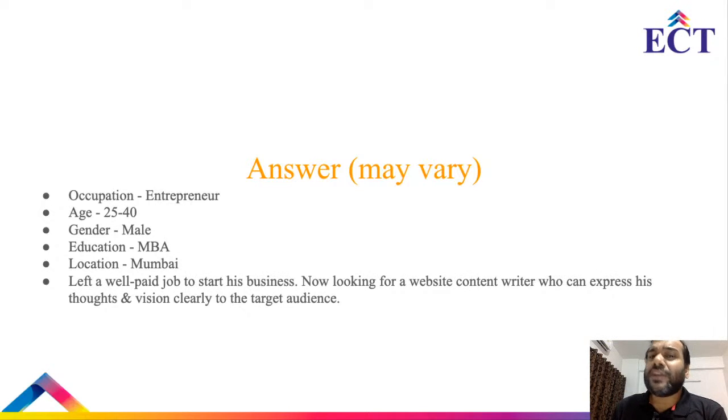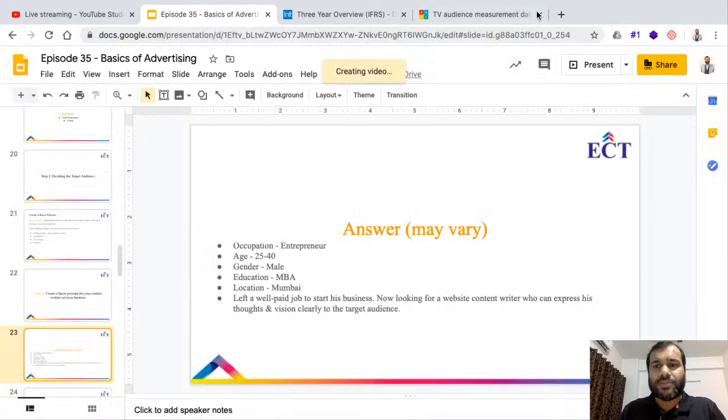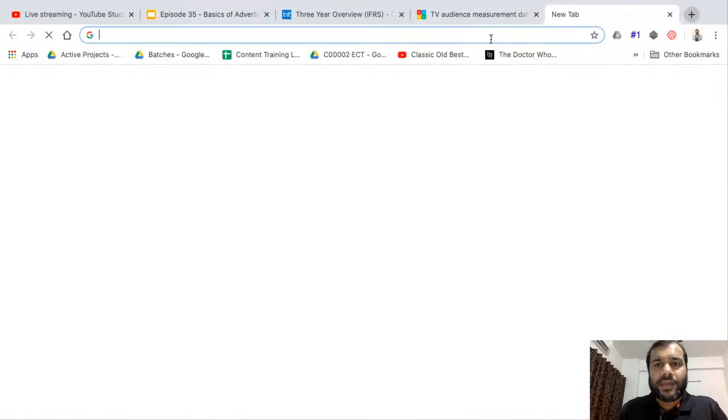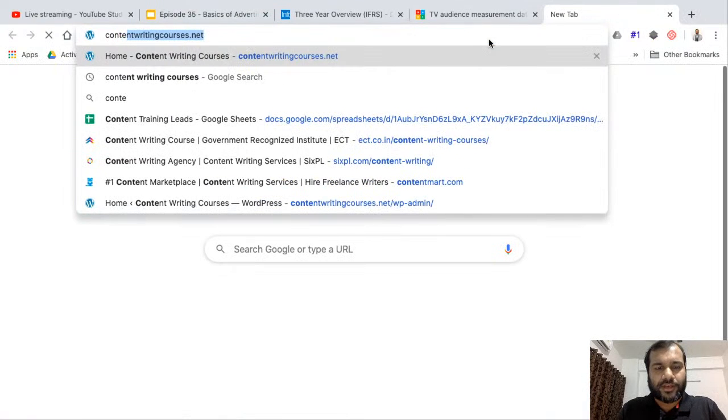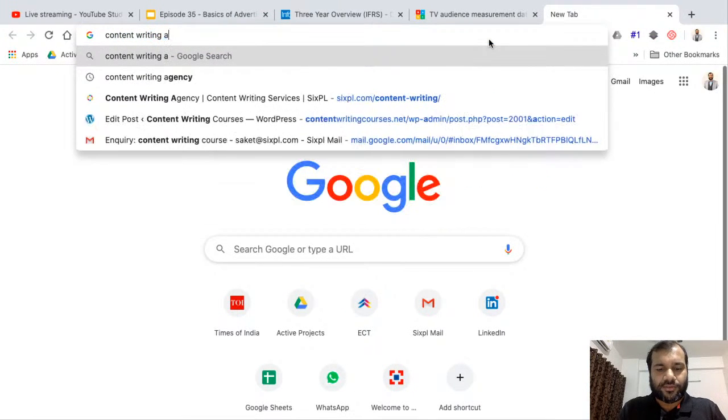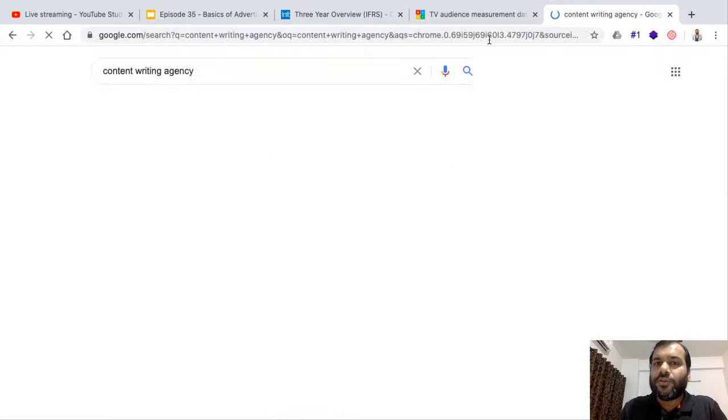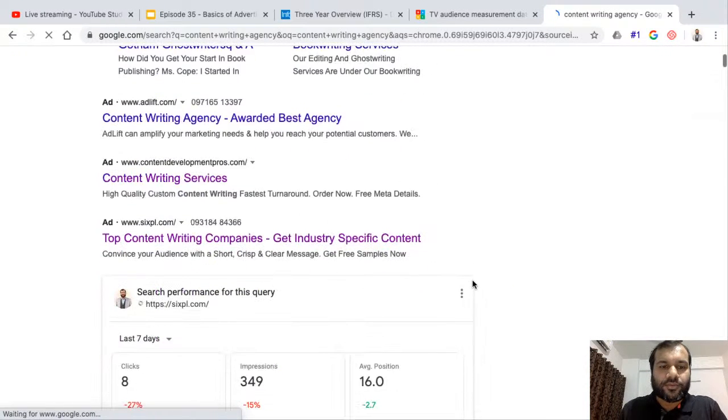Okay, there is another way of defining the target audience: somebody who is searching on Google. For example, somebody searching for a content writing agency is also my target audience.